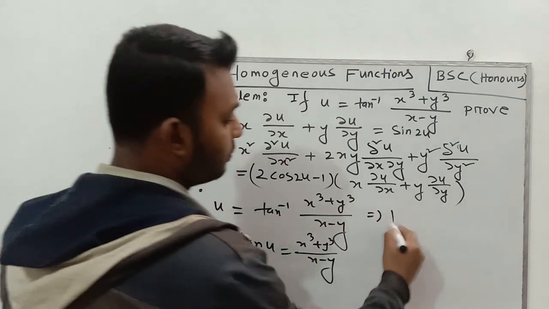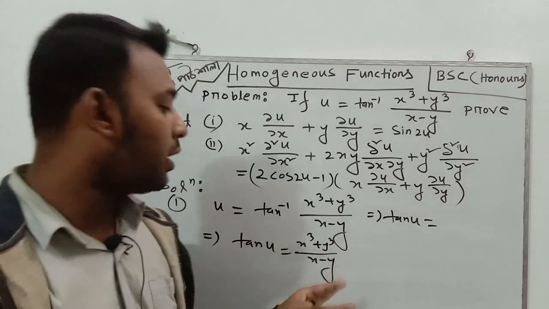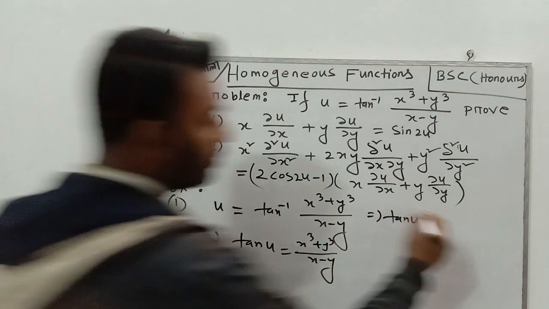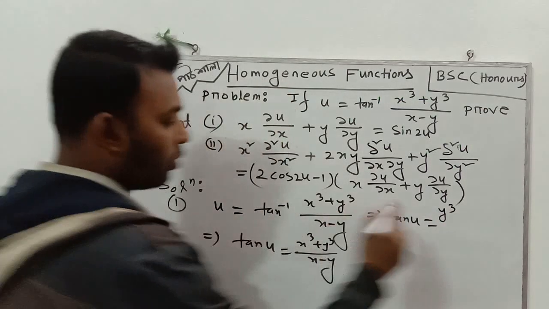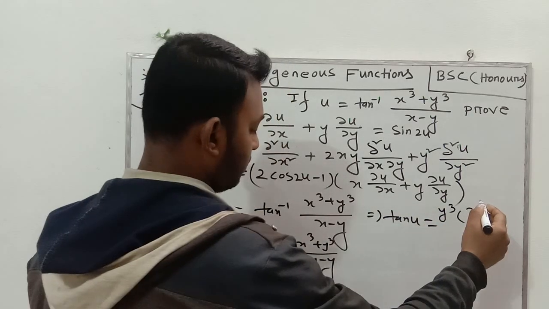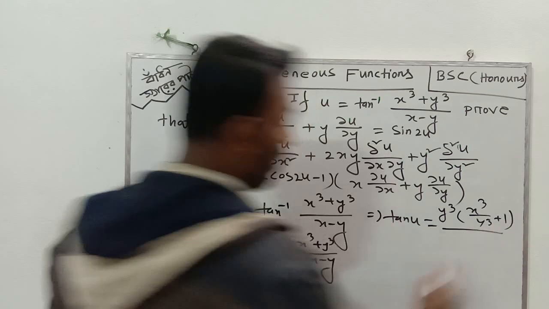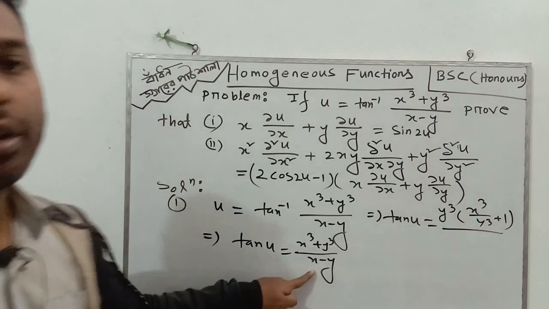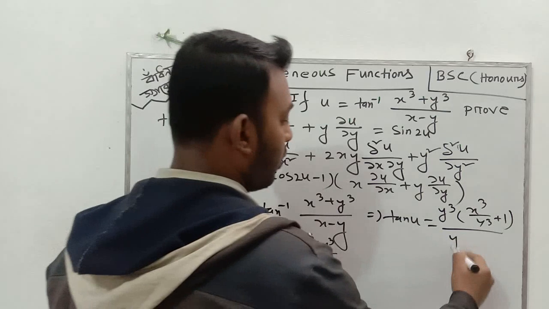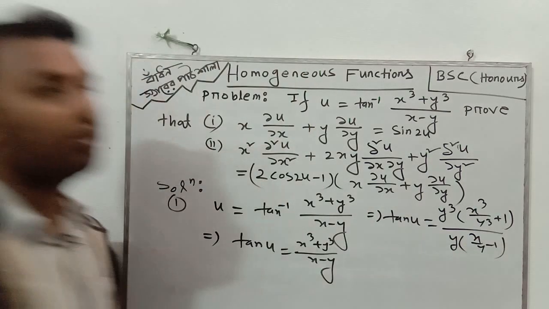Taking y cube common, we get x cube by y cube plus 1, and from the denominator taking y, we get x by y minus 1.